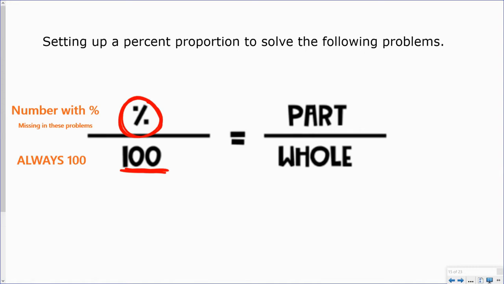Up here is going to be the part, and the part is a lot of times represented by the word "is." Down here for the denominator is the whole, because remember, a percent is a part to whole relationship. And the whole is a lot of times represented by the word "of" in our problems.